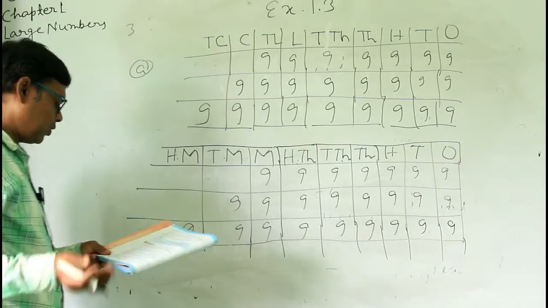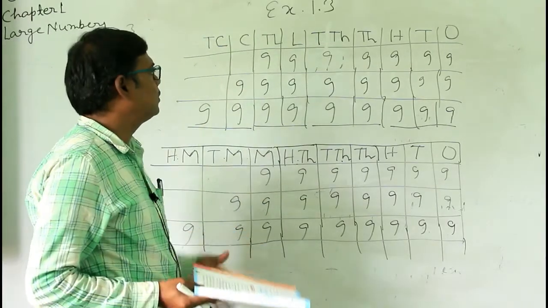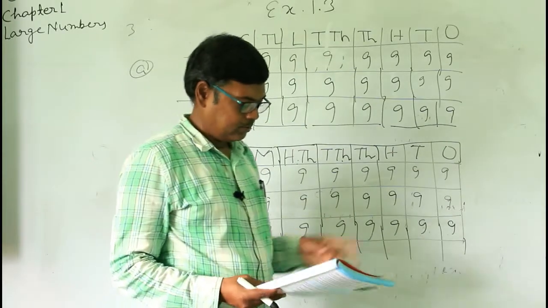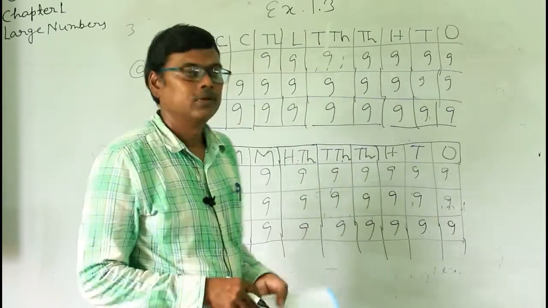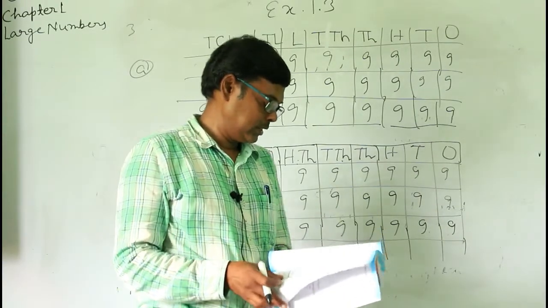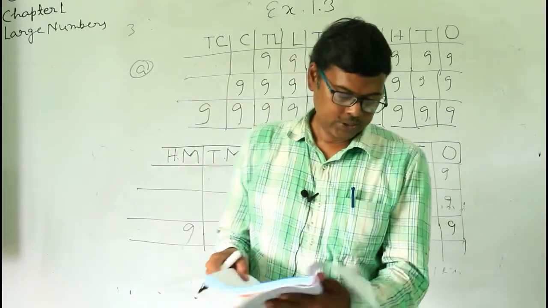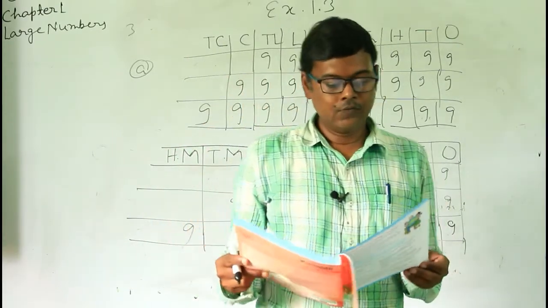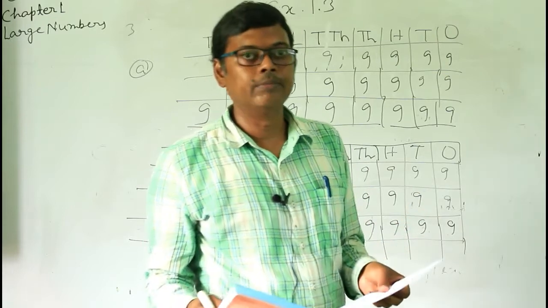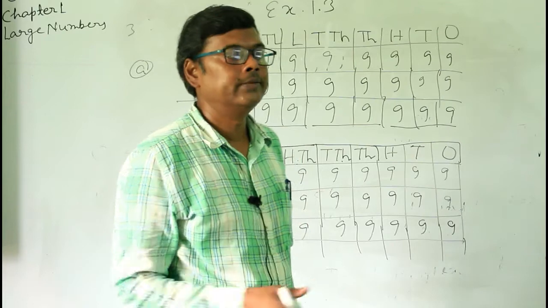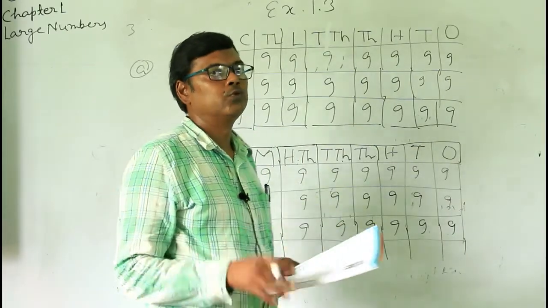So I solved all the questions in this. You will write or solve this question again in your copy properly by putting all the lines and tables. So now the next exercise is 1.4. In this we will have questions regarding the different ways of expressing numbers. First is writing the numbers in words.